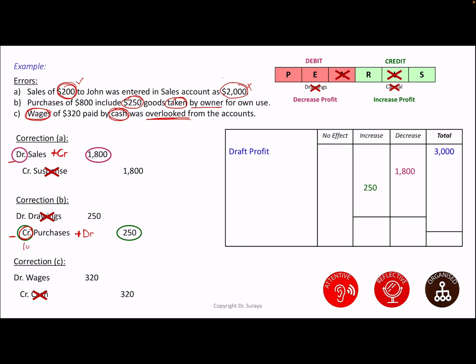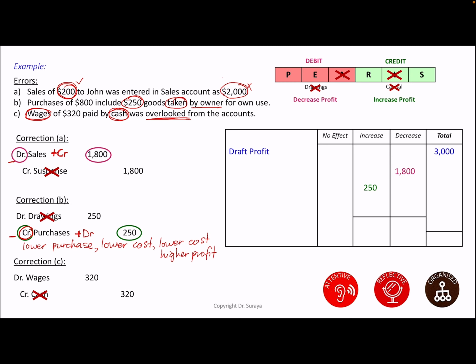So lower purchase means lower cost. When lower cost, higher profit. So this is where you see your profit has increased by 250 because your purchase is lower, therefore your cost is lower and your profit is higher.